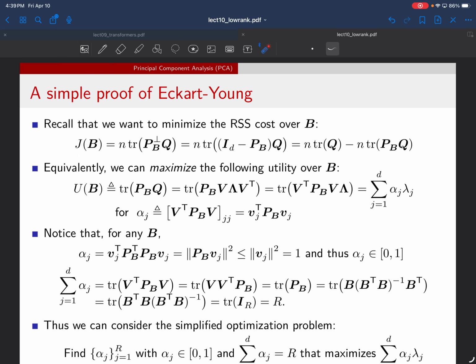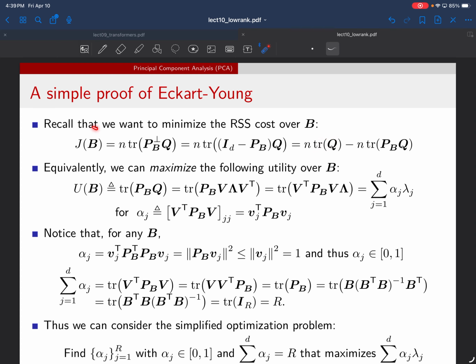So the first thing we can do is write this orthogonal projection matrix as I minus the regular projection matrix. And then we can use the linearity of trace to write this as two terms, n trace Q minus n trace PBQ. And since we're optimizing over B, this term doesn't really matter.